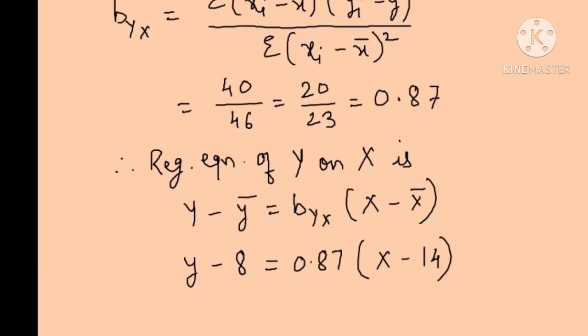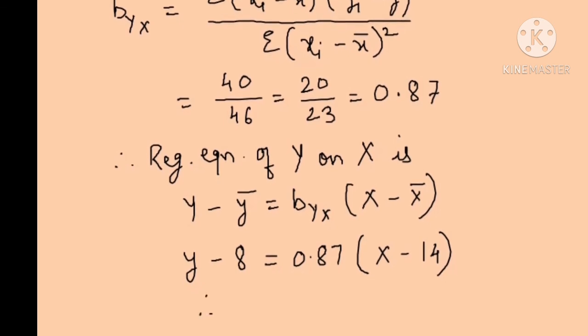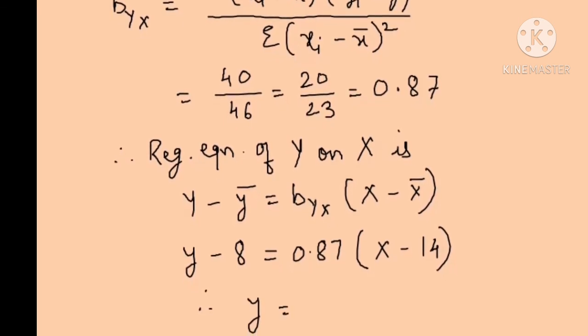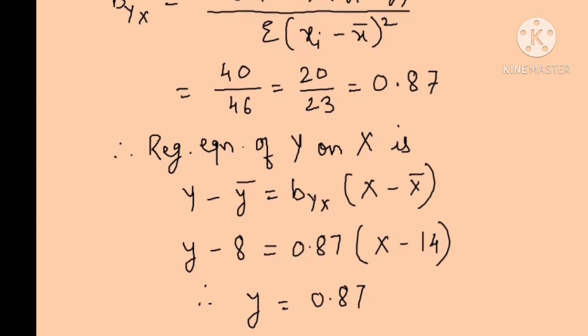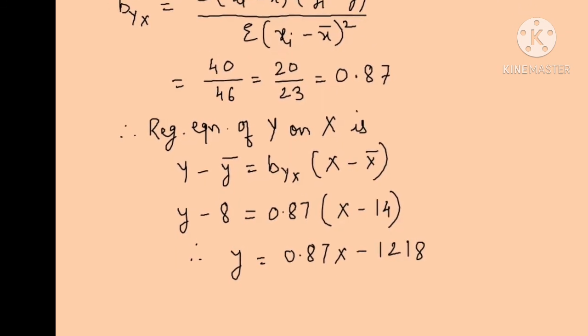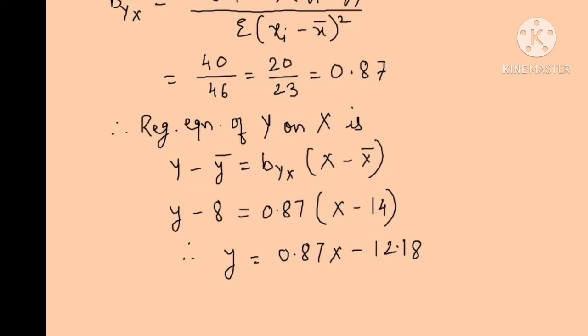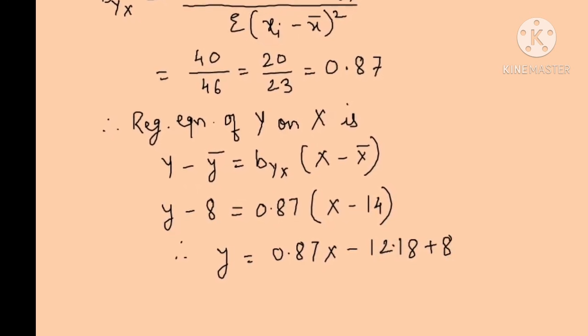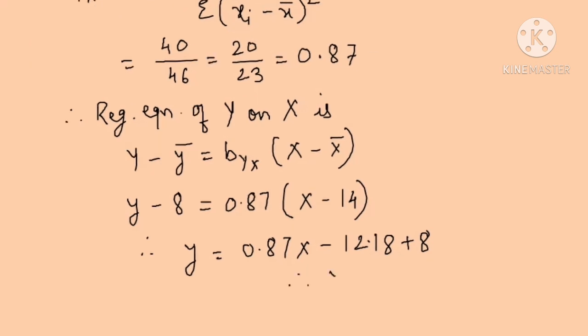So let us simplify. Y is equal to 0.87x minus 14 into 0.87, that is 12.18, plus 8. So that is y is equal to 0.87x minus 4.18. This is your regression equation of y on x.